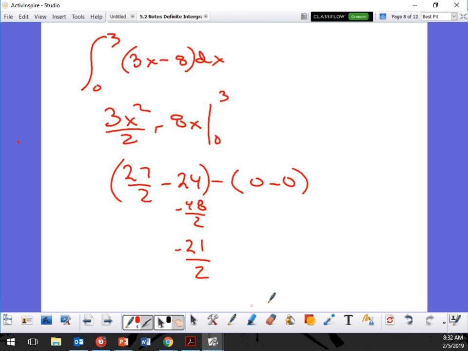You've got to do a problem for us. All right, so this problem is going to be the integral from 1/2 to 4 of ln x.